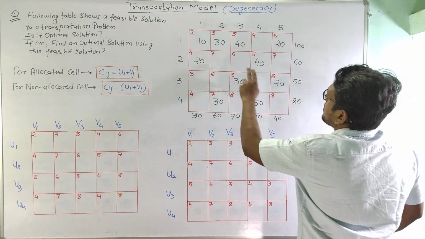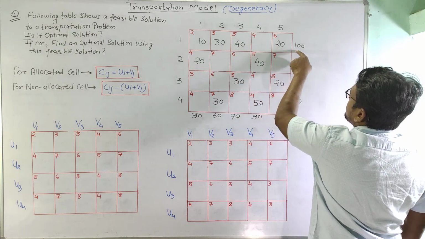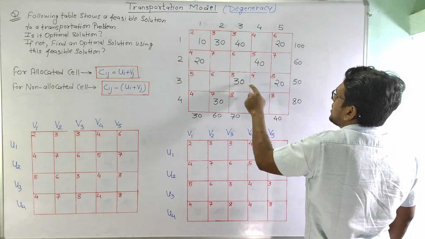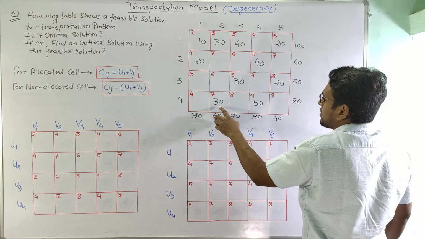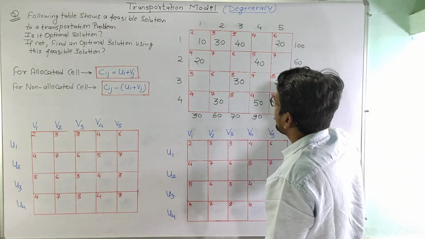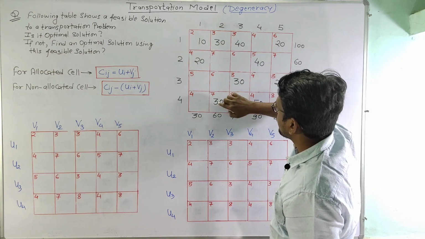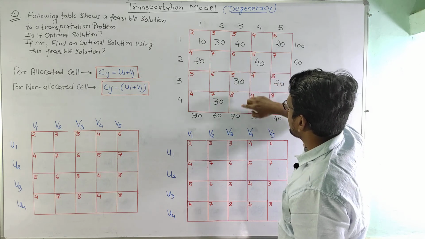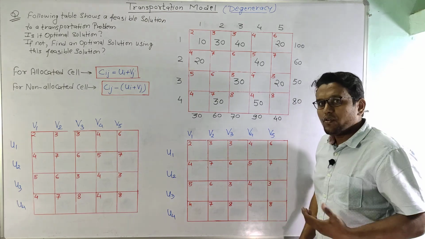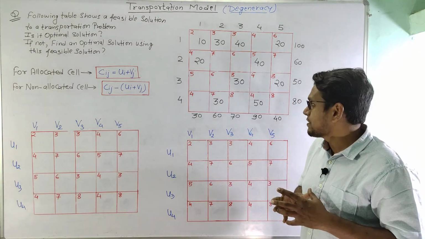So let us see, this is 10 plus 30 is 40, plus 40 is 80, plus 20 is 100. So this is satisfied. Similarly 10 plus 20 plus 40 is 60, 30 plus 20 is 50, 30 plus 50 is 80. So all the supplies are satisfied. Similarly for the demand, we'll see 10 plus 20 is 30, 30 plus 30 is 60, 40 plus 30 is 70, 40 plus 50 is 90, and 20 plus 20 is 40. So the first condition is satisfied, that means all the demand and supply are being met.